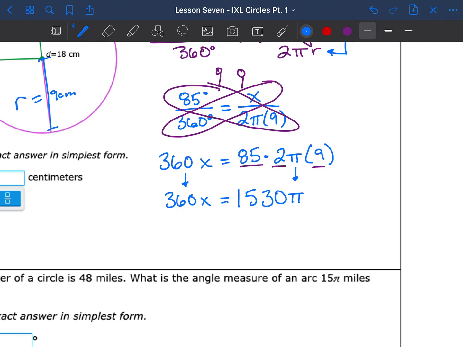Now 360, I need to get rid of it to get x by itself, so I'm going to divide by 360 from both sides. Cancel that, I'm just left with x. What is 1,530 divided by 360? It's 4.25 times pi.